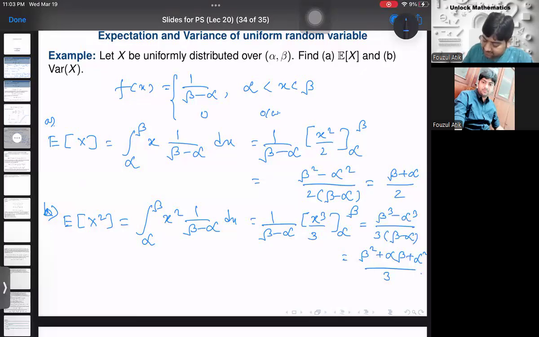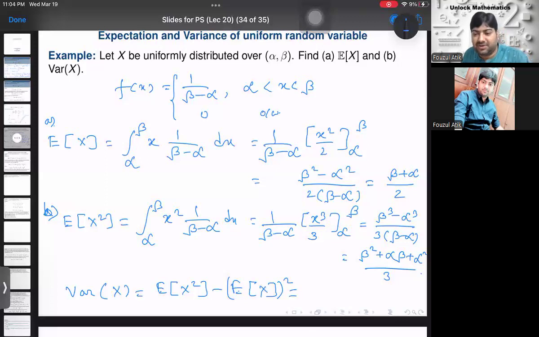And therefore, what is the variance? The variance of x is E of x square minus E of x whole square. If you simplify these two values, beta square plus alpha beta plus alpha square by 3 minus beta plus alpha by 2 whole square, finally you will get beta minus alpha whole square divided by 12.